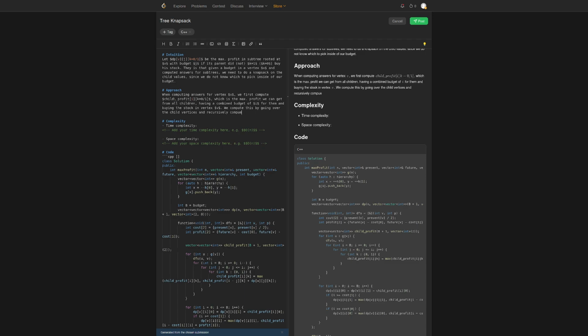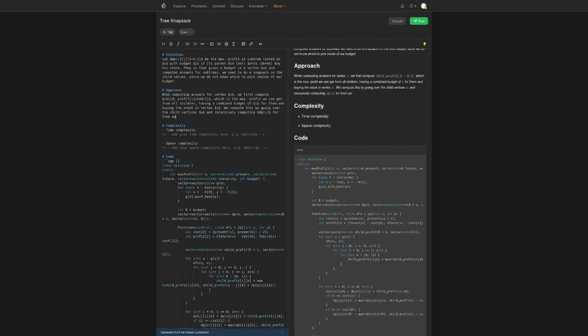Recursively compute child vertices U, computing dp U for them, and then do a knapsack.